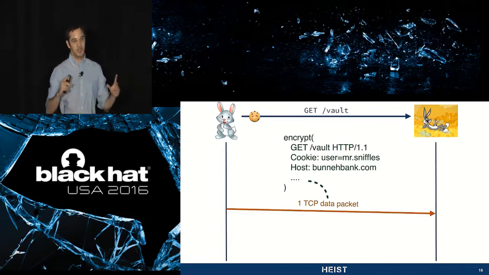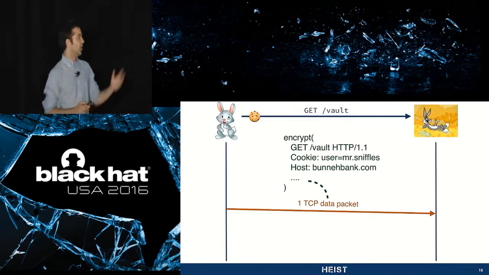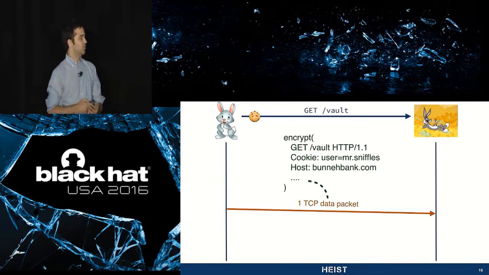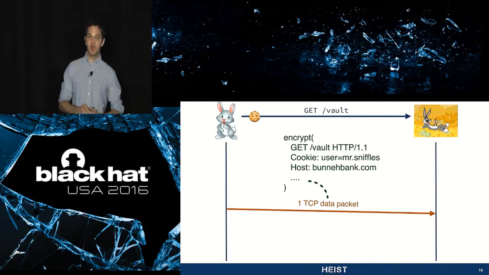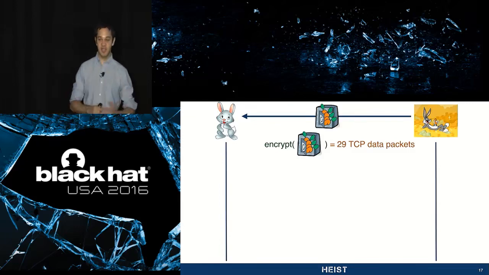Now generally this request is rather small, so it fits into 1 or 2 TCP packets. And once this request has reached the server, it is going to reply with the contents of the vault, which in this case we're going to assume fits in 29 TCP packets.